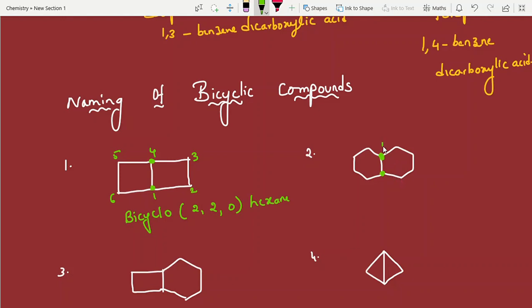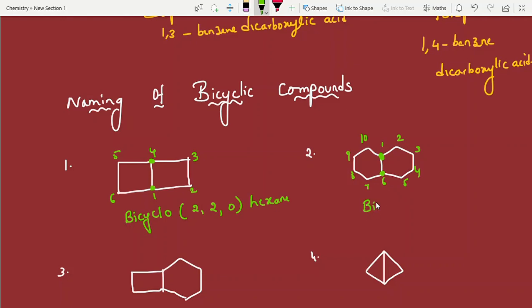This is 1, 2, 3, 4, 5, 6, 7, next 8, 9, 10. 10 carbons means decane. Okay. 1 and 6th position bridge is there. How can I come from 1 to 6? 1, 2, 3, 4. 4 I am crossing.